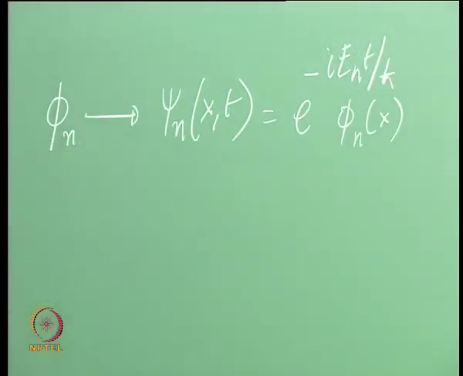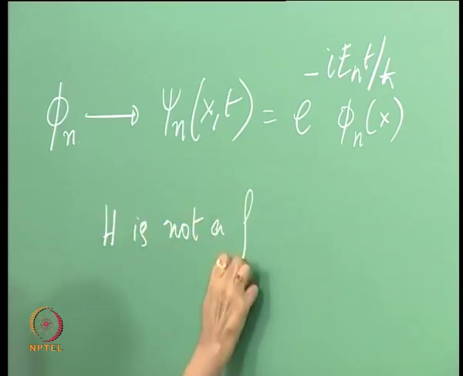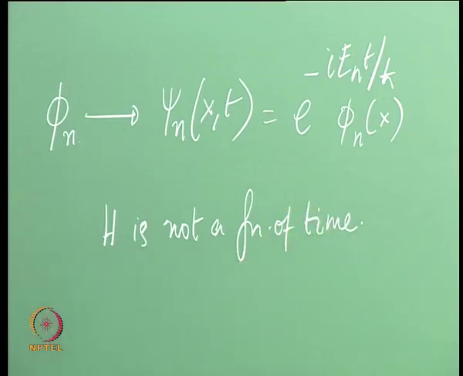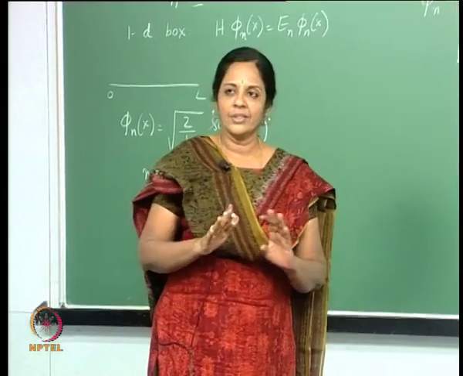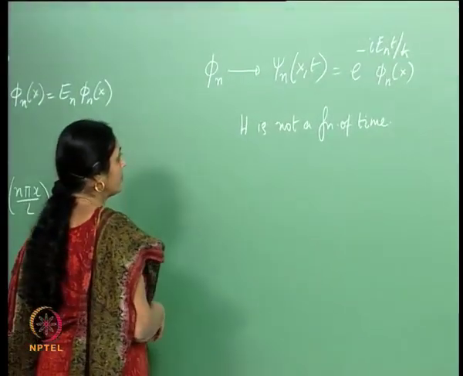These are stationary states and this is the time evolution. Of course, we remember that H is not a function of time. It is a conservative system. The energy does not change in time. Hamiltonian is not a function of time.